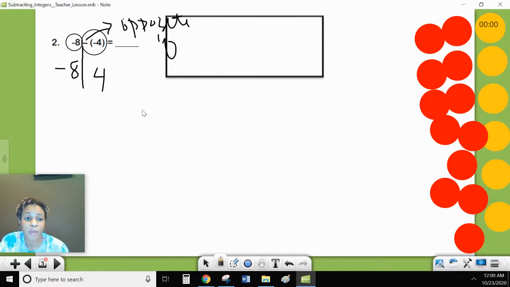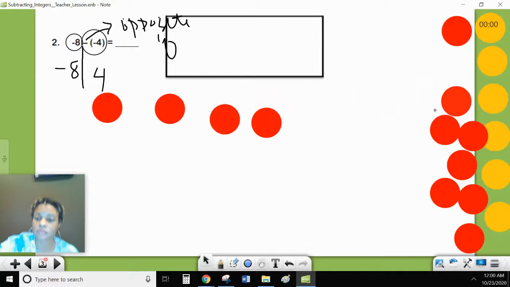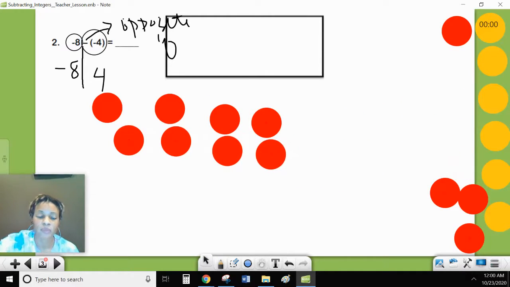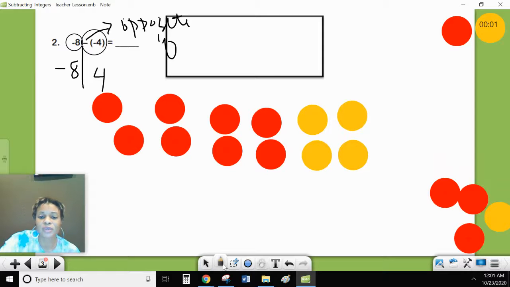So now we're combining and we're ready to bring to the mat a negative 8 and a positive 4. Okay? Then the next question is, how many ZPs, how many zero pairs do you see?